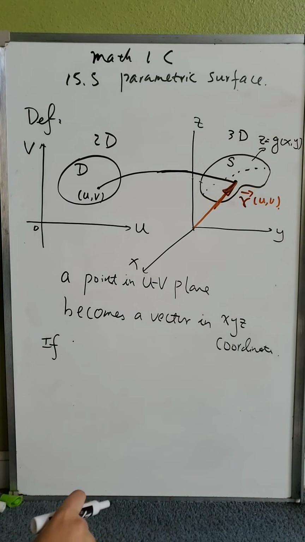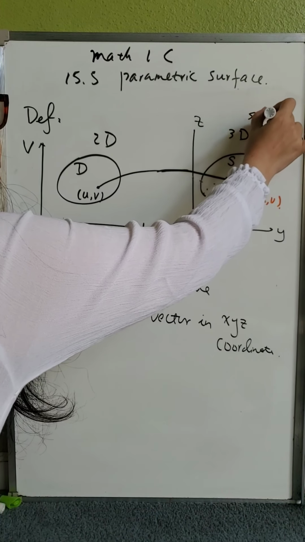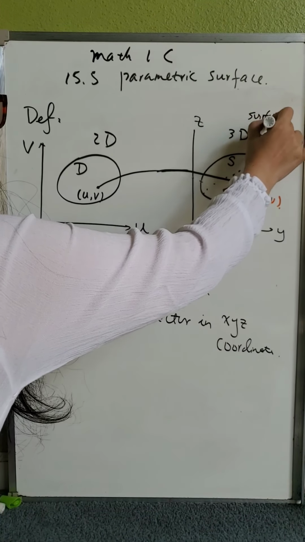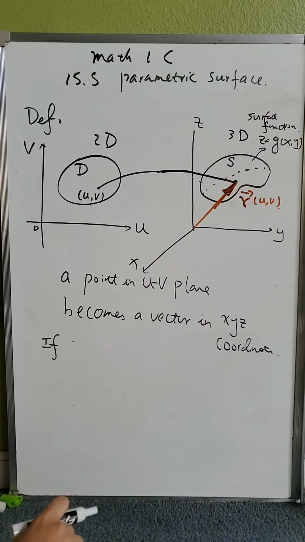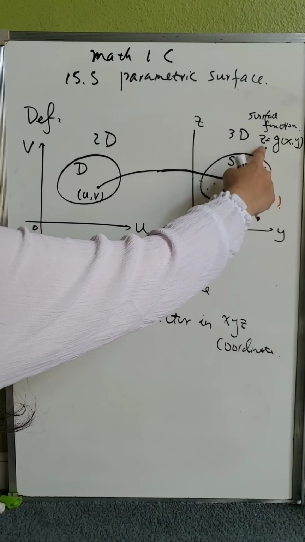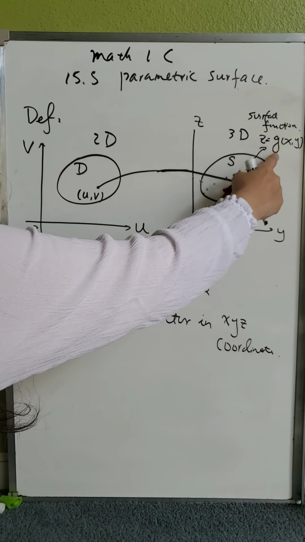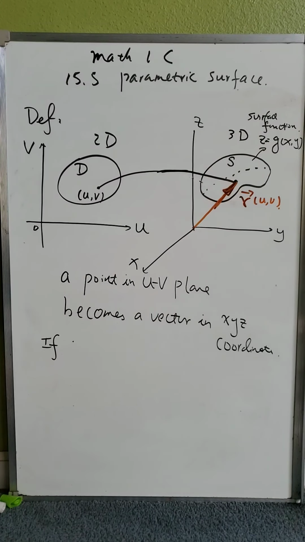So that's a surface function. Sorry, I had to write very small, not enough room. So this is a surface function representing the surface, okay? Let's say it's z equal to g(x, y). I'll tell you why I don't use f later on, in the next session. So I use g for the surface function.